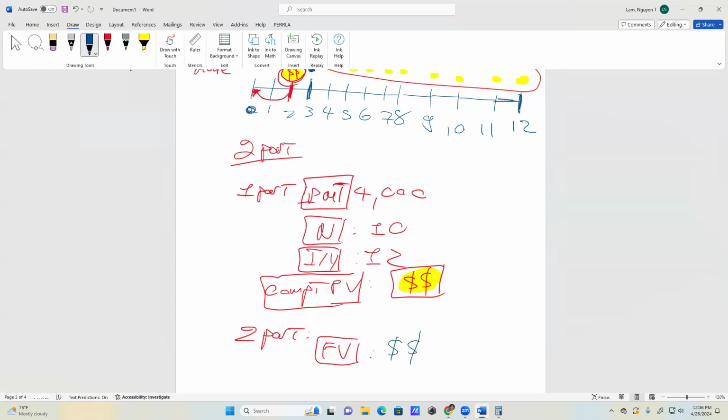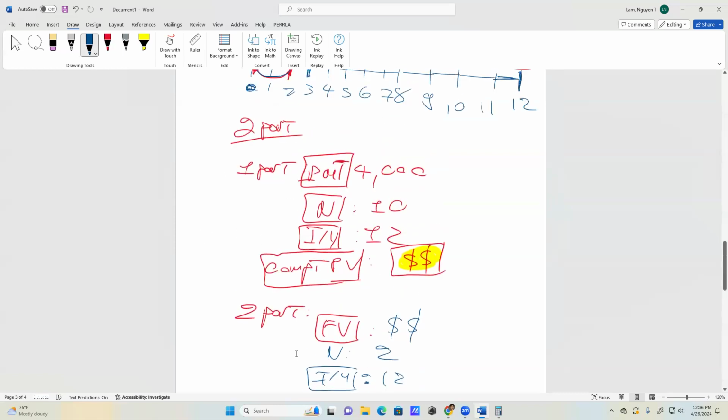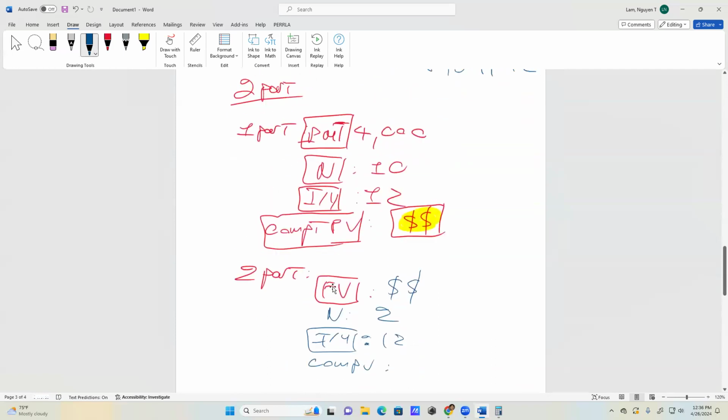As a future value, and then you're discounting back. How many periods, how many years is it away? 2 years, right? 2 years, putting the I/Y in there at 12%, and then hit compute present value. Right? So that is the two-part process.